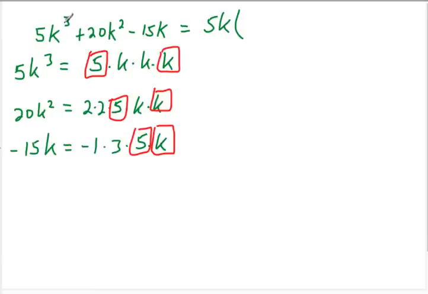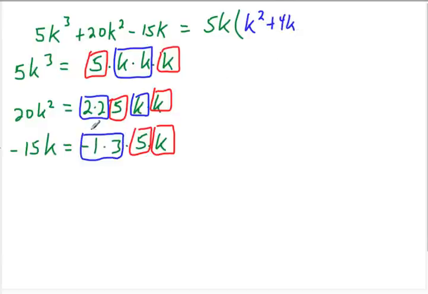For the first term, the 5k cubed, there were 2 k's left. I'll put it in blue so you can see where they're coming from. For the second term, the 20k squared, we had a 2 and a k, so that's 4k, and it's all positive. And for this last one, we had a 3 and a -1, so that's -3.